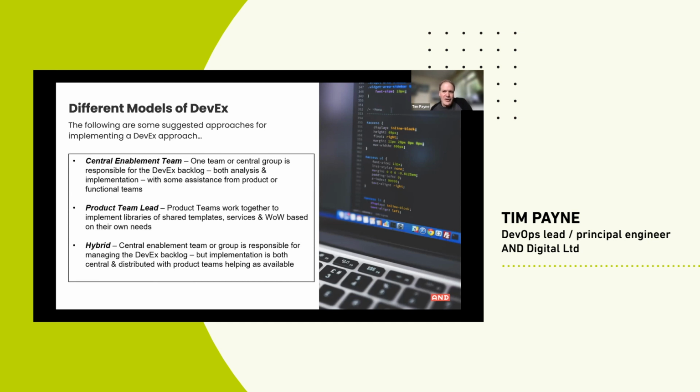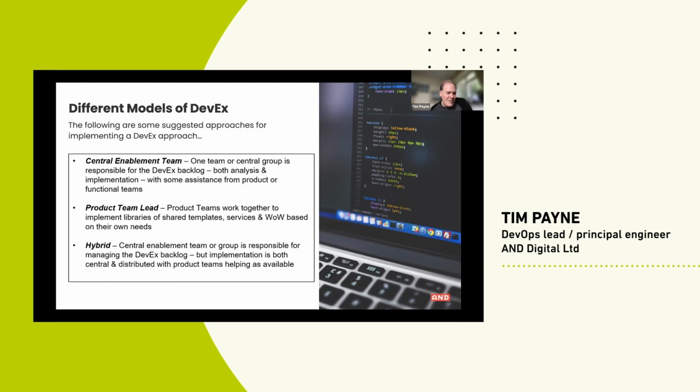This is where the product teams are spread out and work in a very independent fashion, analyzing their own requirements. They implement the DevOps services that they need, and they may share them to a central catalog, but they will mostly be thinking about what they need first.